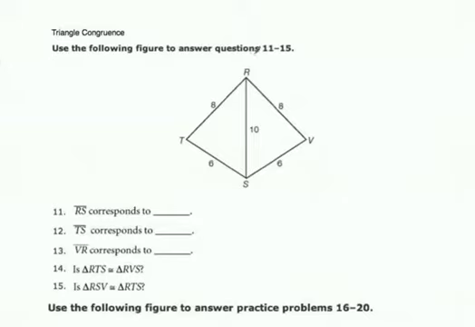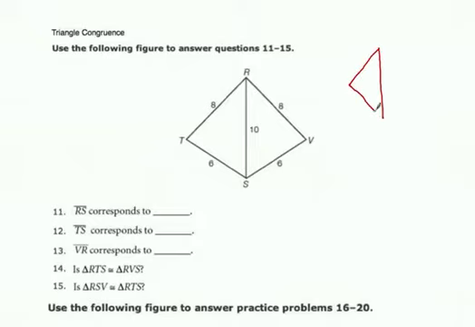Use the following figure to answer questions 11 through 15. So number 1 says RS corresponds to what? I think the easiest thing to do on pictures like this, where you've got one shape but you can obviously tell it's made up of two separate pieces, is to separate it out.